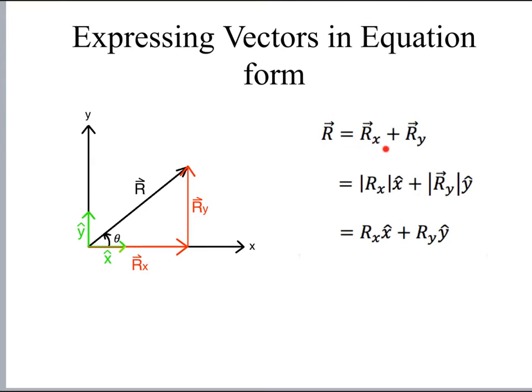Well, this rx vector is just some magnitude, which I'm calling the magnitude of rx, in the x hat direction. And this vector here is the magnitude of ry in the y hat direction. And I left a little arrow off, so I will fix that. There should be an arrow above that rx there. So that's the magnitude of rx in the x hat direction, the magnitude of ry in the y hat direction.